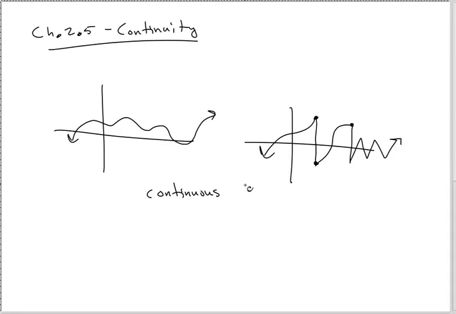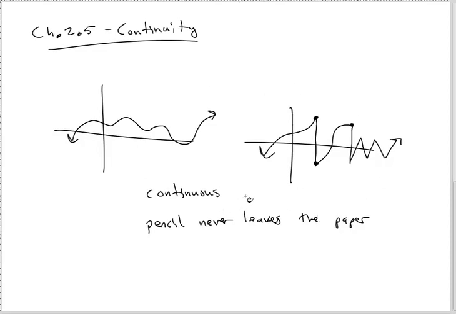The pencil never leaves the paper, kind of like an Etch-a-Sketch, and it's always on. It's just where it is at the current moment. That would be continuous.